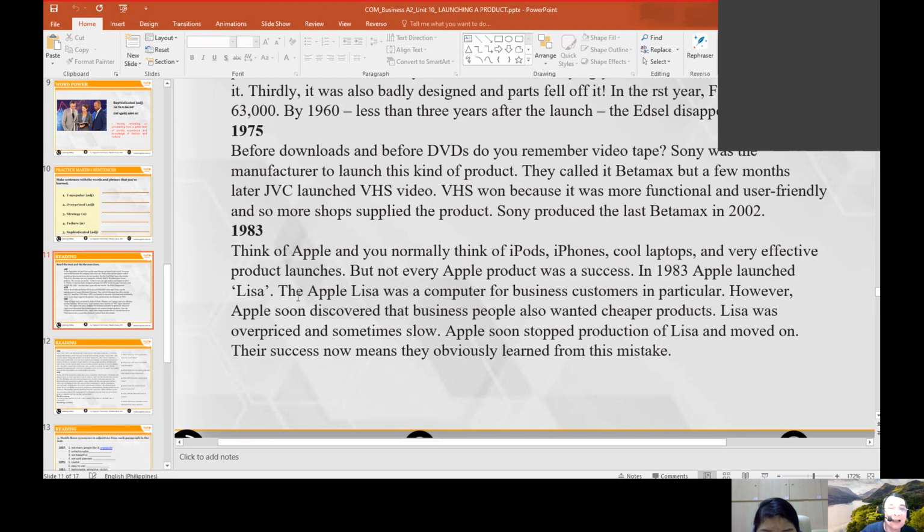The Apple Lisa was a computer for business customers in particular. However, Apple soon discovered that business people also wanted cheaper products. So Lisa was overpriced and sometimes slow.